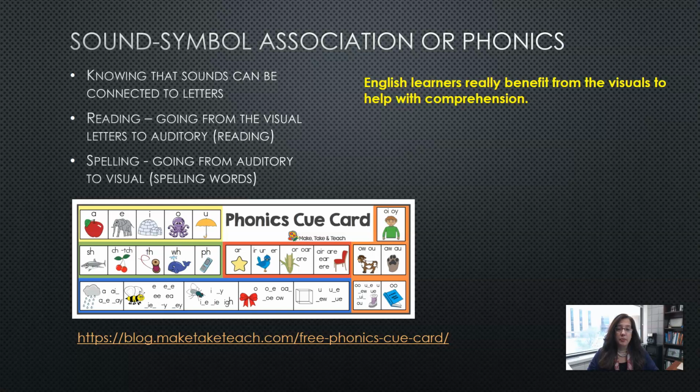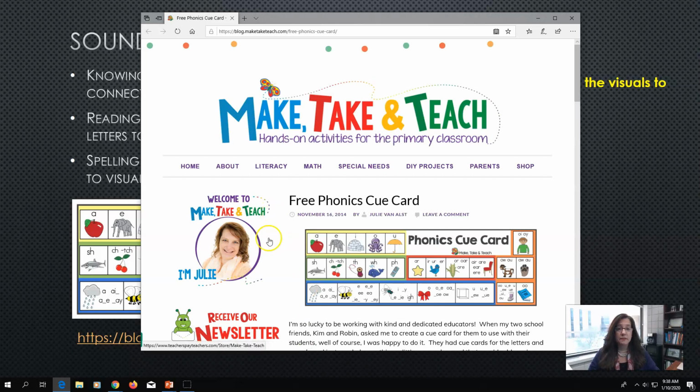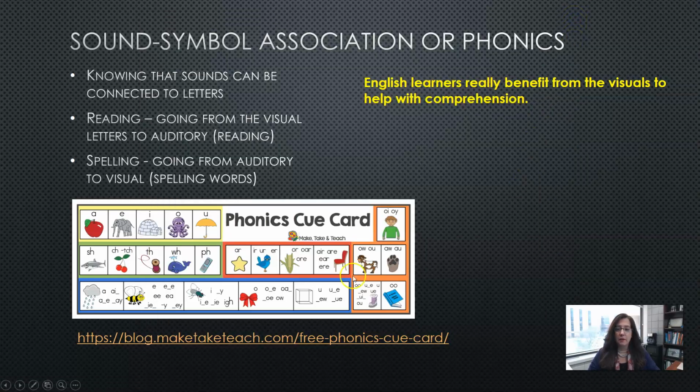So, for example, this phonics cue card can help an English learner because it does have visuals to go right along with it. So if you look at this blog, I have found as I was doing my research in this area, there are many blogs that are very helpful. So this Make, Take, and Teach blog is where I got the phonics cue card, but it also has other things that you might find helpful as well.